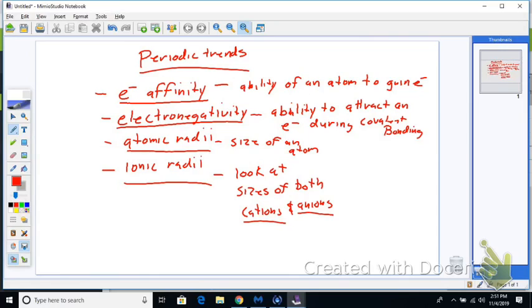So it's measured by differences of energy when it pulls in an electron. The page on electron affinity is page 288.